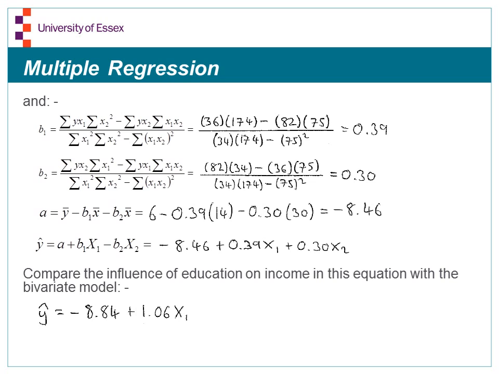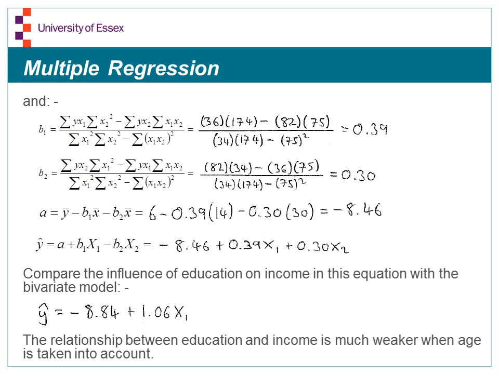But if I look at the next value, the coefficient associated with x1, you'll see that I've got 1.06 in the original case, and now I've got 0.39. So that number's gone down a lot. And so what we can see here is the relationship between education and income is now much weaker because we've started to take age into account. So clearly there was more going on there that just having education wasn't telling us.